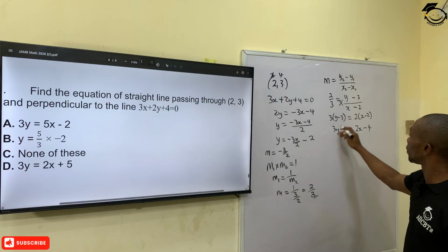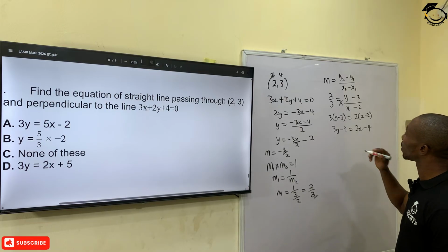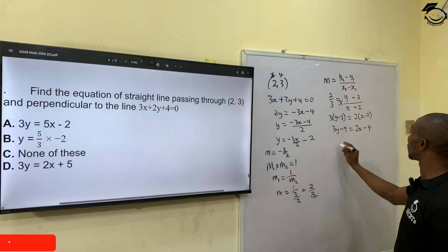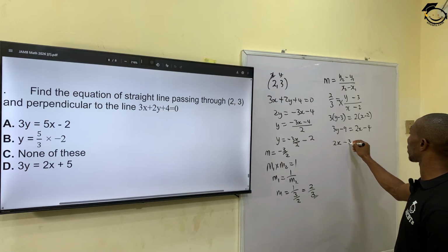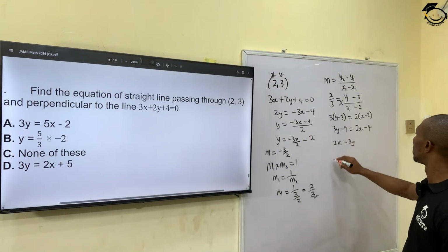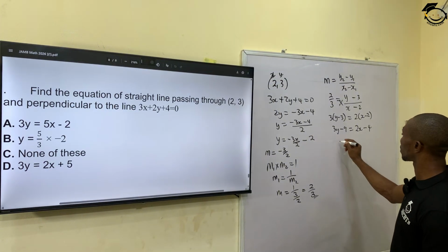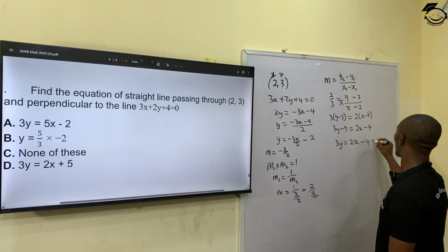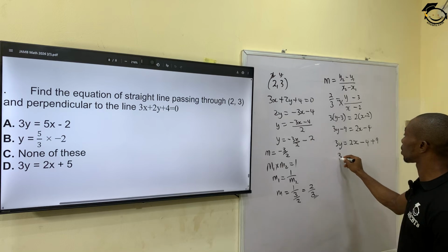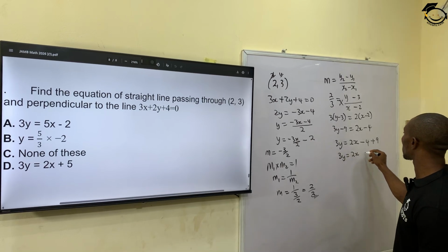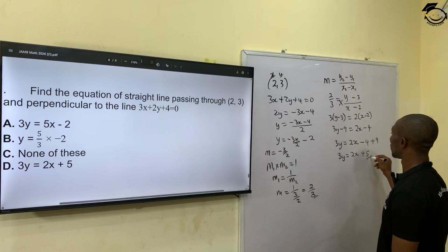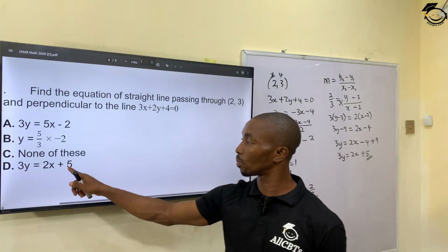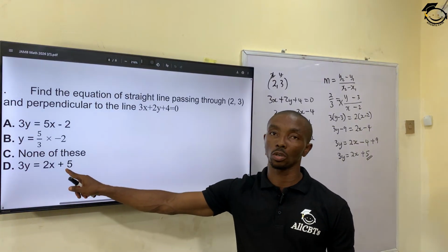Now, collecting our terms together, let's put it as 3y equals 2x minus 4 plus 9. So this will give us 3y equals 2x plus 5. So our answer will become 3y equals 2x plus 5, which is option D.